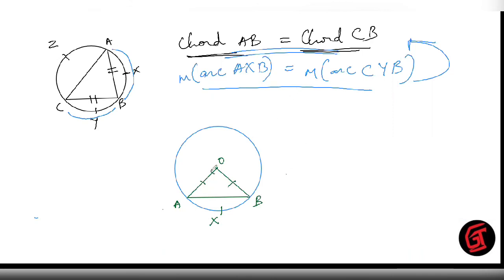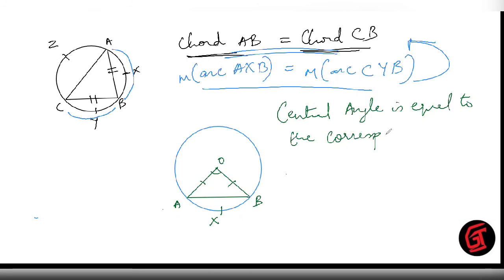So we have a new property to learn: central angle. If you want, you can write this down. It is not there in your textbook. Central angle is equal to the corresponding minor arc.